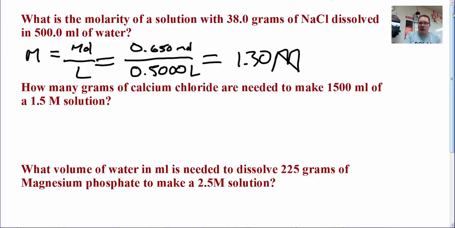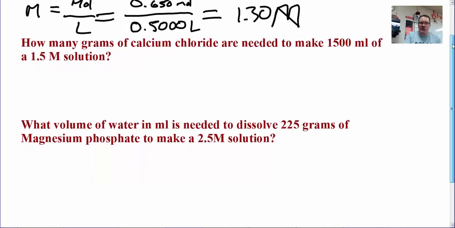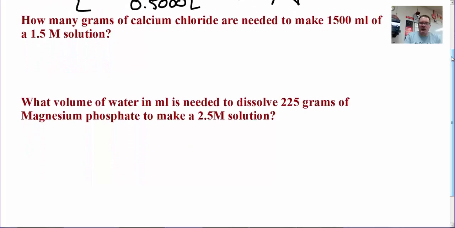Let me scroll down a little bit so we can look at our second one. This is just, again, a permutation of what we're going to do. This says how many grams of calcium chloride I need to make 1,500 milliliters of a 1.5 molar solution. So 1.5 is the concentration I want to make, and I need to know how many grams of calcium chloride to dissolve in my 1,500 milliliters of water.